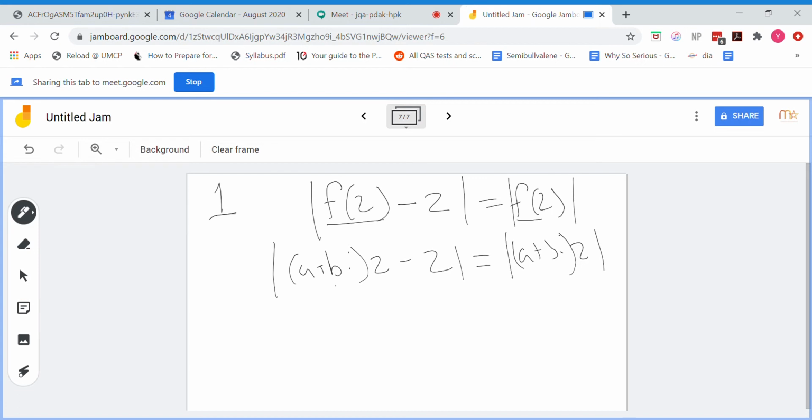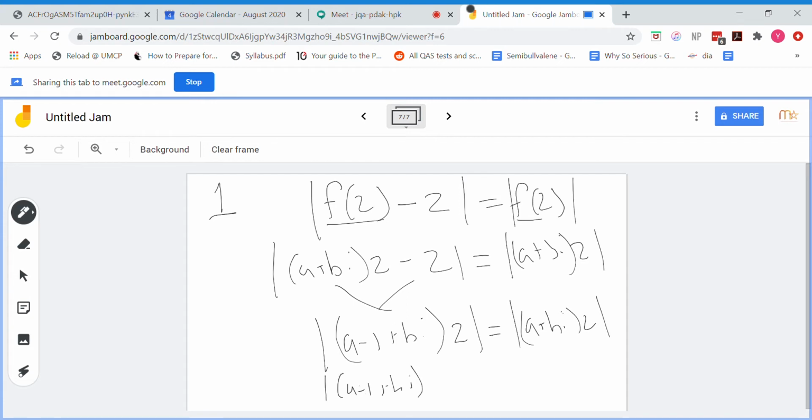So we can use the distributive property, right? This comes down to magnitude of a minus 1 plus bi times z equals magnitude of a plus bi times z. And so we can split the two magnitudes again using the property of the magnitude.